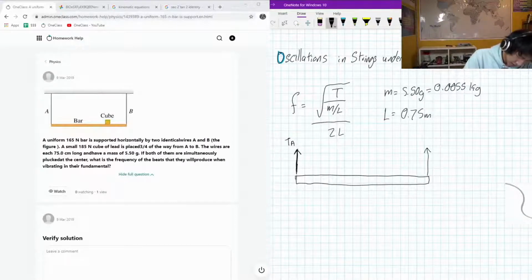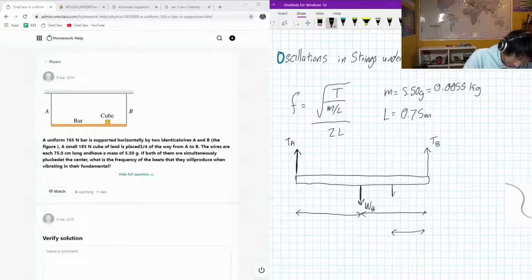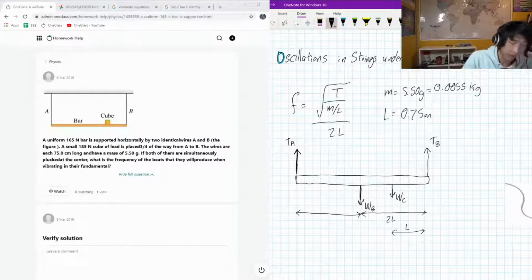Here we have our right side, and let's call that tension B. In the exact precise middle, we have a downwards force, let's call that WB, for weight of the bar, and then 3/4 of the distance, closer to the B side, we have the weight from the cube. So let's say WC for weight of the cube. Let's say this distance is L, so this would be 2L, and the whole thing would be 4L.